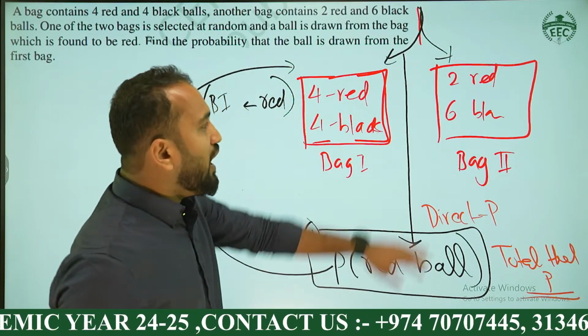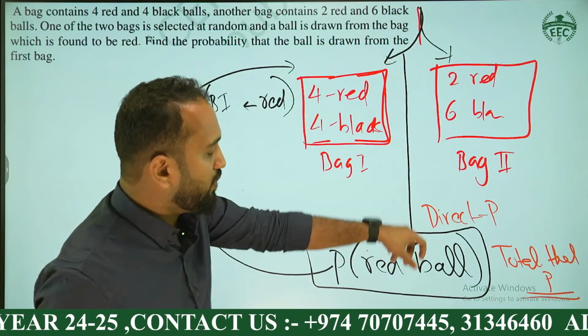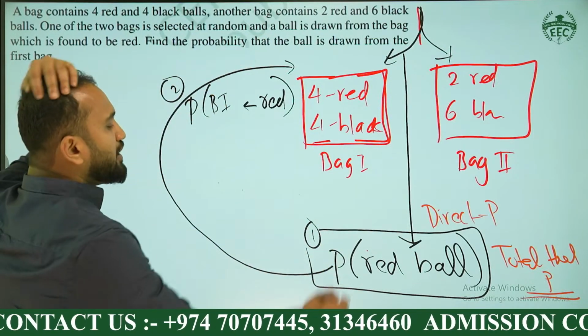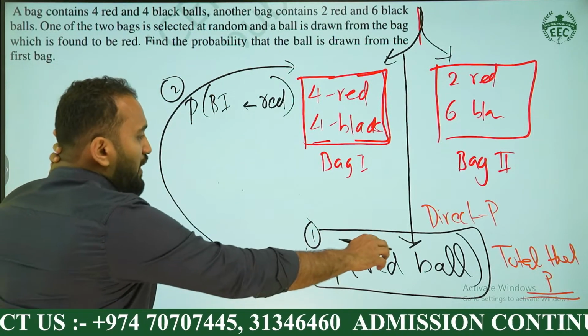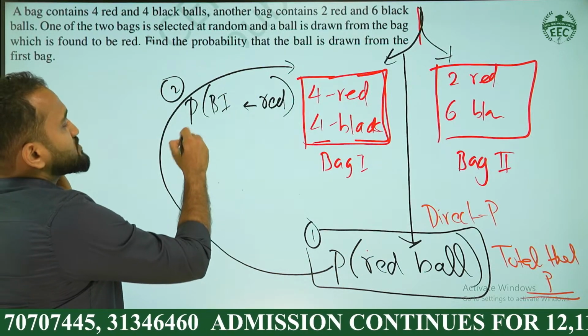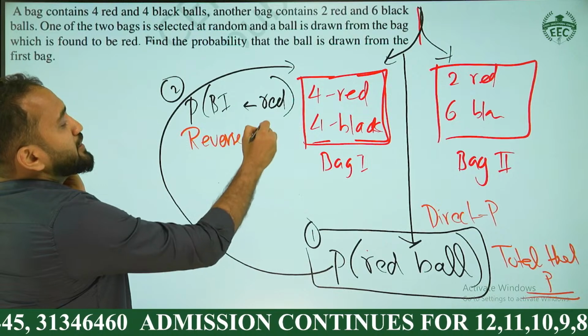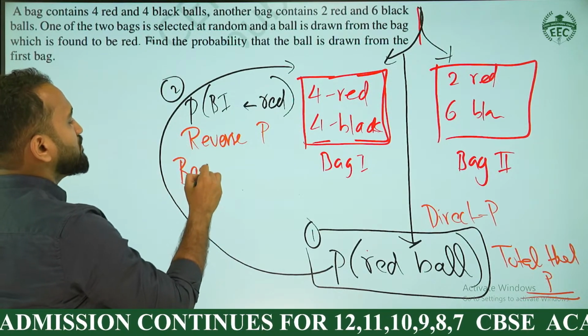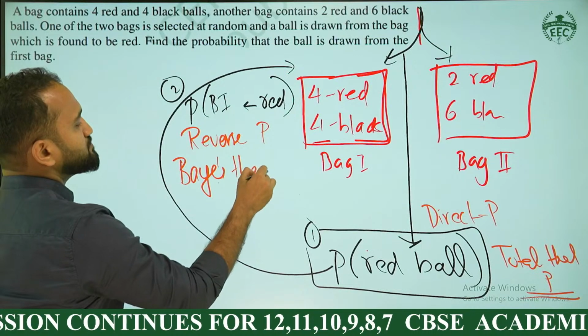Now, after finding it was a red ball, you can expect the question in the reverse method. After finding the red ball, what is the probability that the drawn red ball was from bag number 1? That is the reverse case. This is known as reverse probability, I repeat, reverse probability, where you have to go for the theorem known as the Bayes theorem.